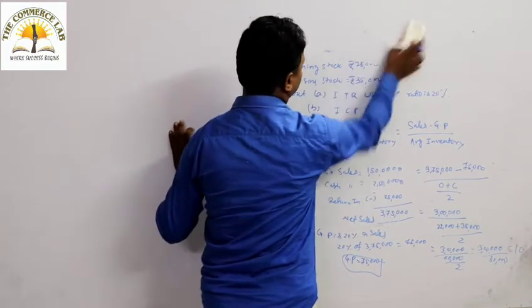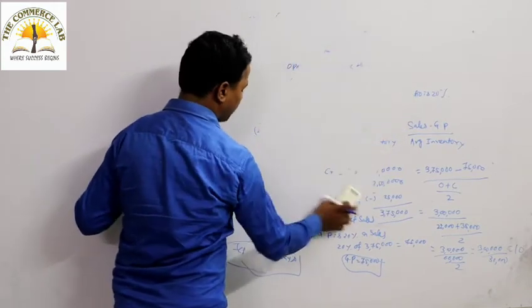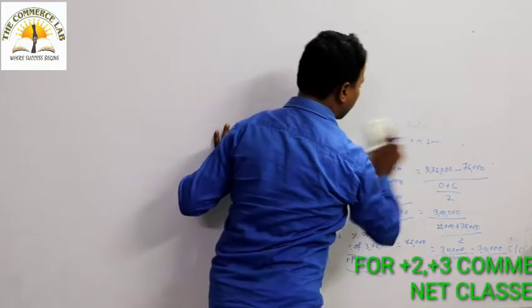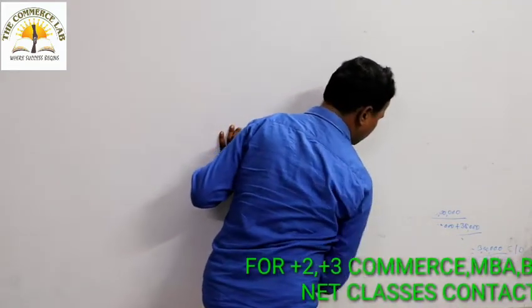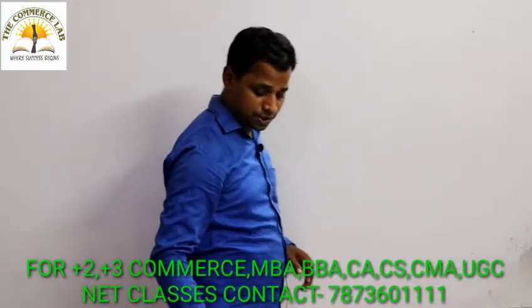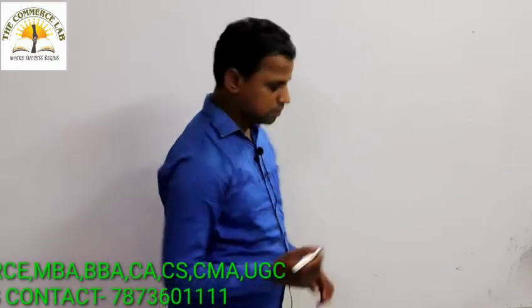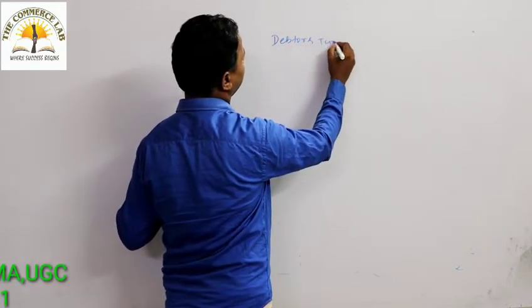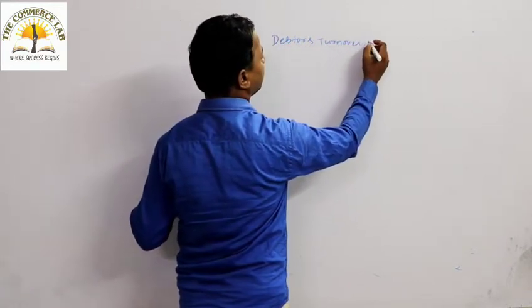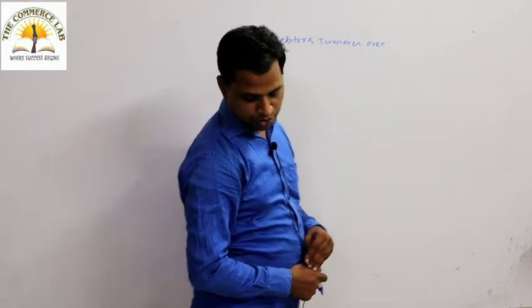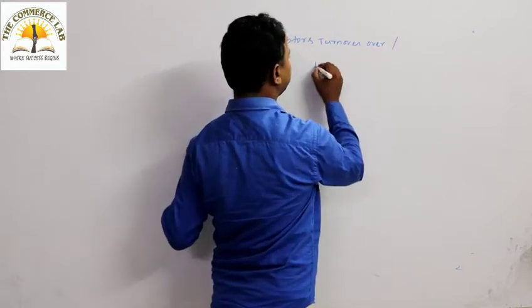Now we will go to another efficiency ratio apart from the inventory turnover ratio. Another ratio, as I suggested, is the debtors turnover ratio, or we can say receivable turnover ratio.